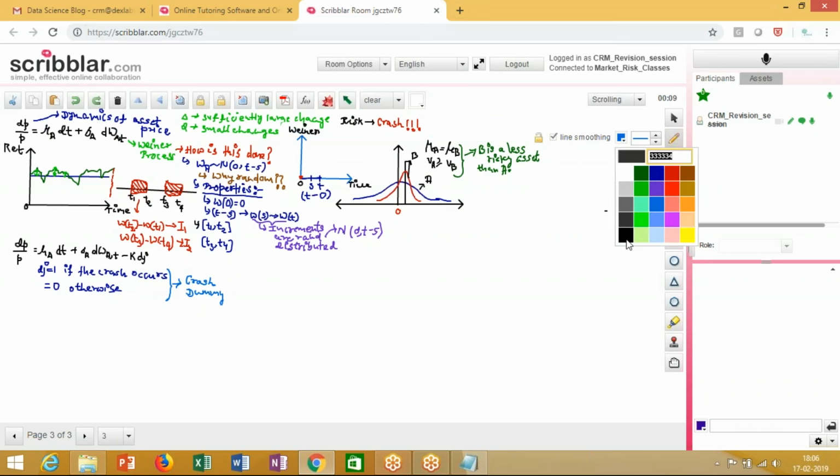So on the event of the crash, there is a sudden fall in the amplitude by k units.